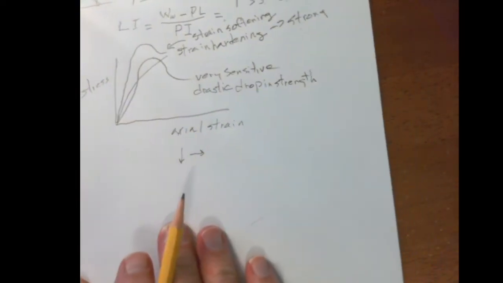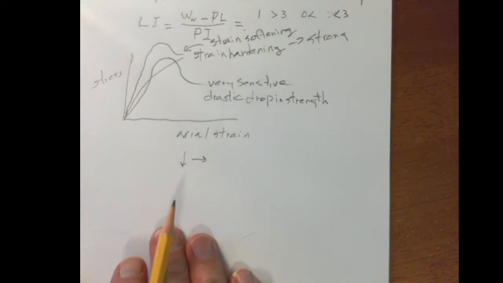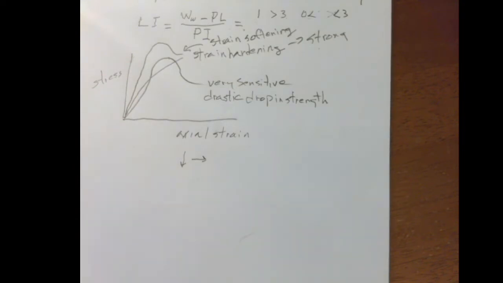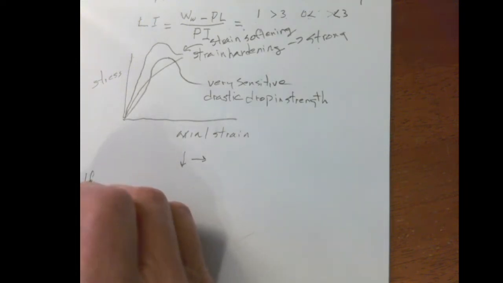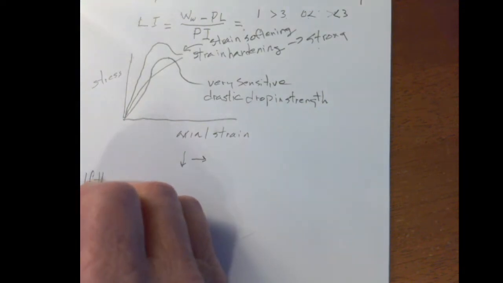I'll jot down, let's see, where's my paper orientation here? So if the liquidity index is greater than 1, let's say, these are kind of rules of thumb.